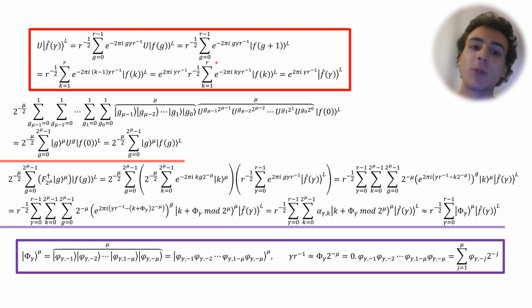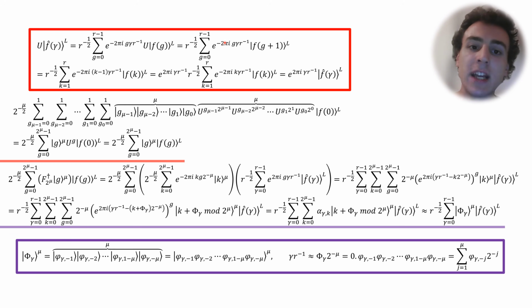g starts at 0, and then it goes up to r minus 1. k starts at 1, and it goes up to r. So g plus 1 is equivalent to k. So when we have f as a function of g plus 1, that's equivalent to f as a function of k.